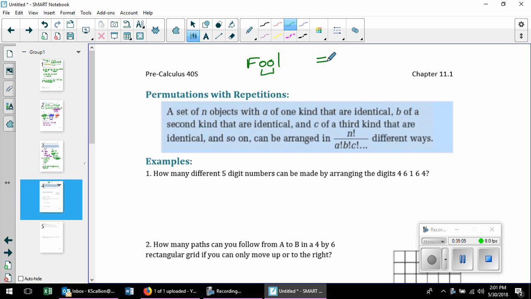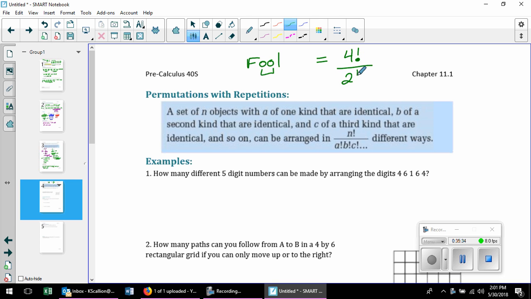How many ways could I arrange the letters from pool? 24 ways, right? How did you get that, Carson? We did 4 factorial, right? 4, 3, 2, 1. Everybody good with that? Okay, so that's 4 factorial. But when it has a repeat, you have to divide by how many things are repeated.